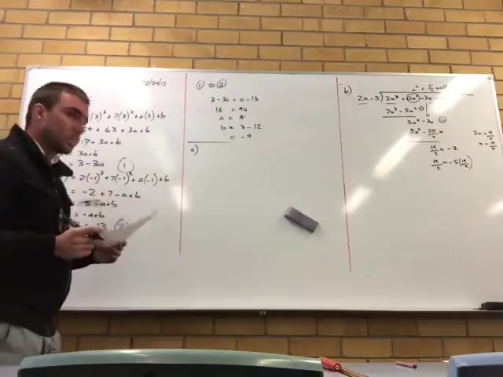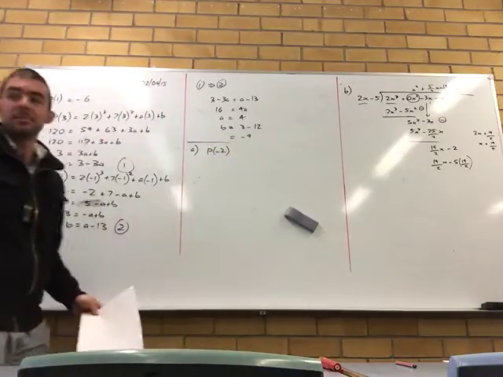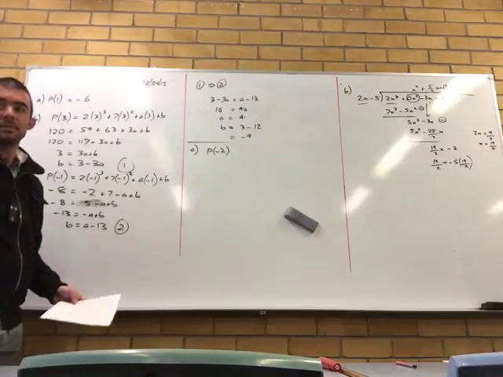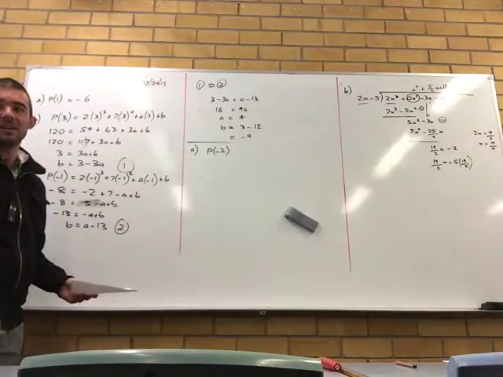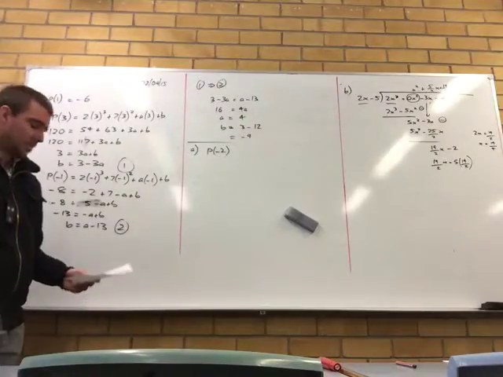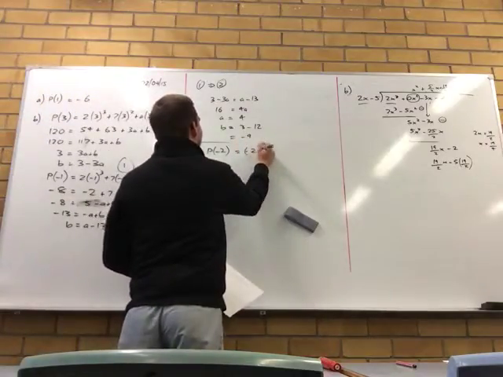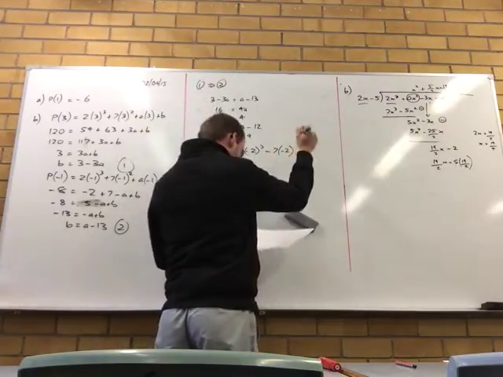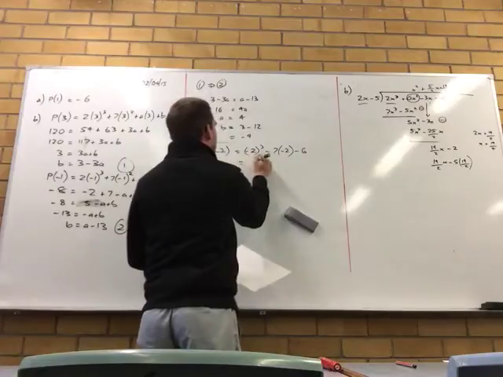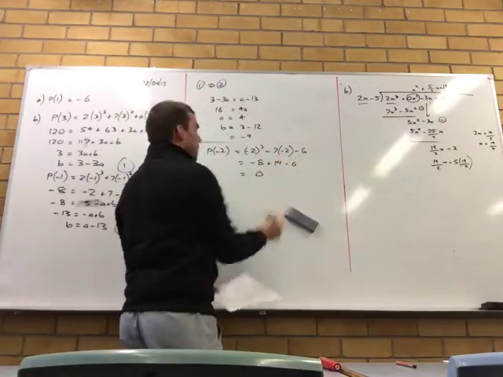Substitute negative 2. Good, so you need to do P of negative 2, and if you're told x plus 2 is a factor, you should be getting 0. Negative 2 cubed, take away 7 lots of negative 2, take away 6. So negative 8 plus 14, take away 6, and that's 0.